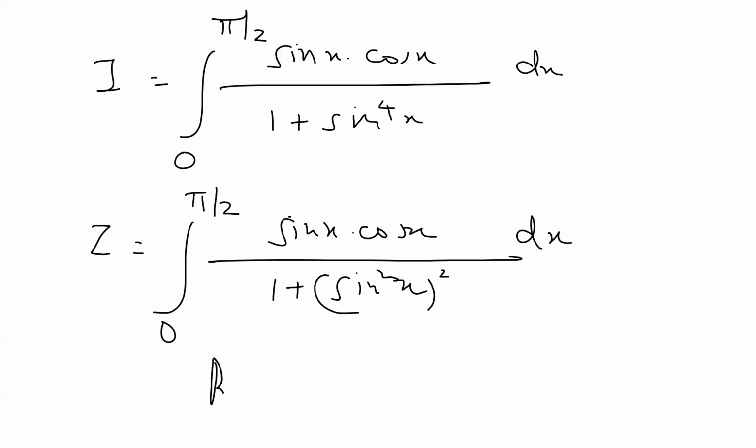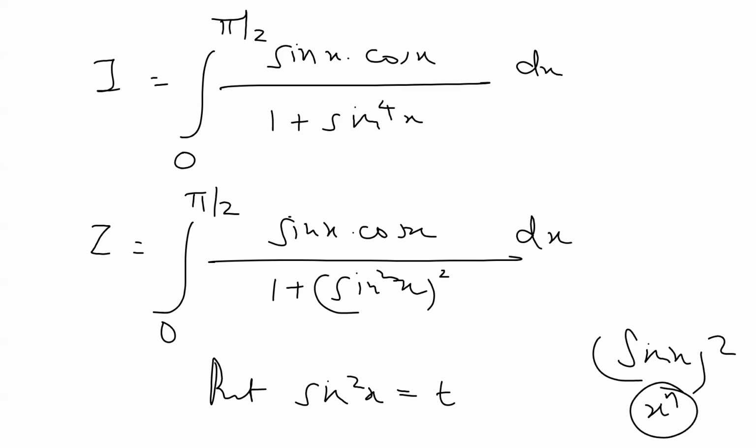Now put sin square x is equal to t. That's the hint. Now a trigonometric function with a power goes outside. You first treat this as x raised to n while differentiating.